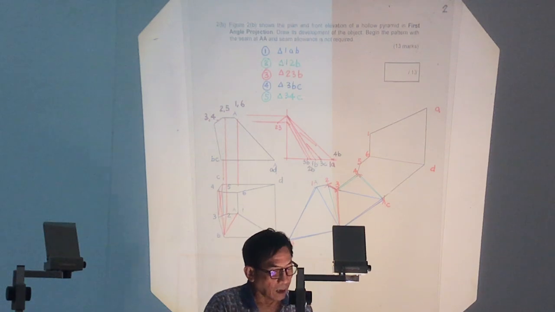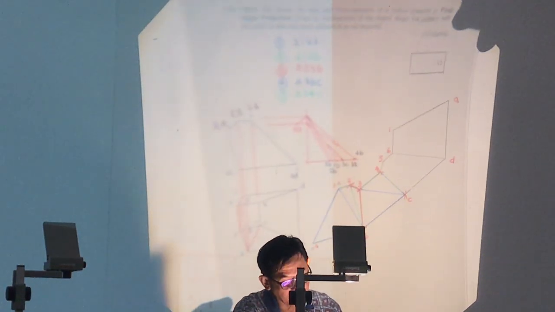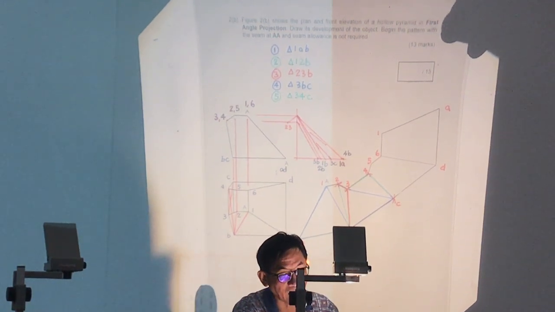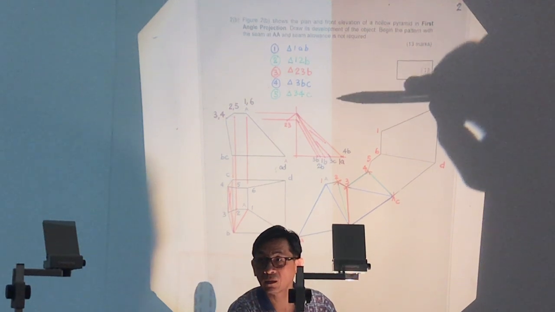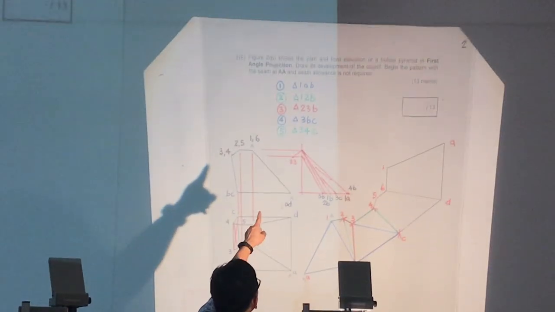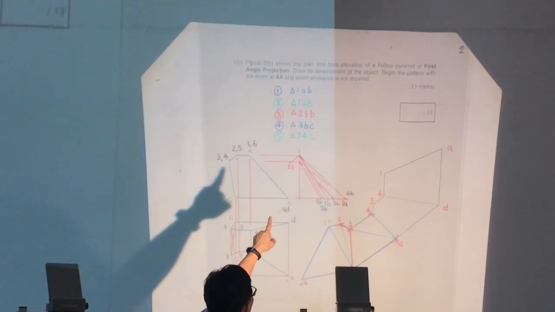Wait, let me put it nicely first. And make sure you take this down as well. This portion. The step, go according to the step. First triangle, 1AB.